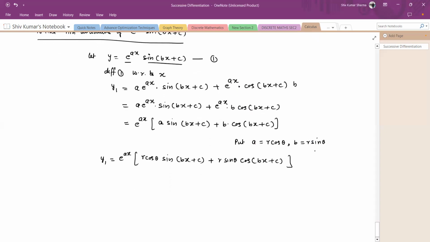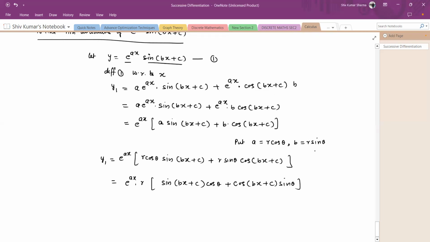Okay, so here we see that we can take r as common. When we take r as common, we write e raised to the power ax into r. So this can be written as sine(bx + c) into cos theta plus cos(bx + c) into sine theta.